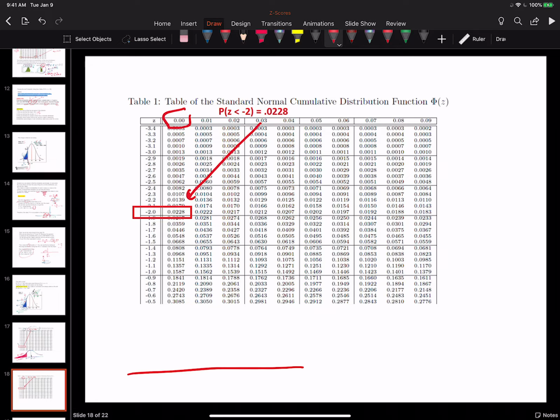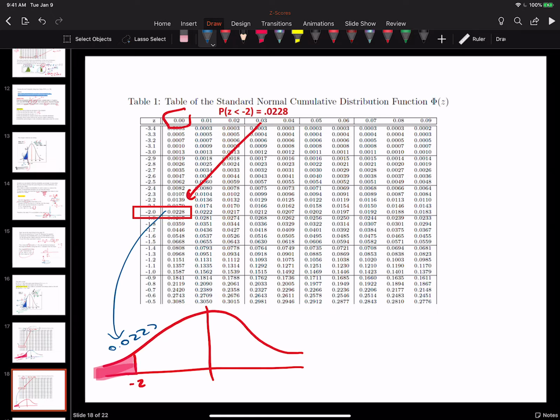So at -2, which is farther to the left, we are looking at this right here, and that reads as 0.0228, or about 2.28%.